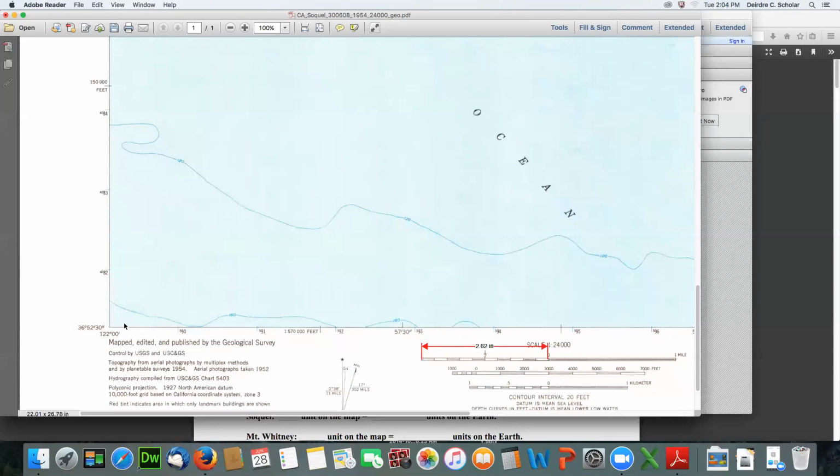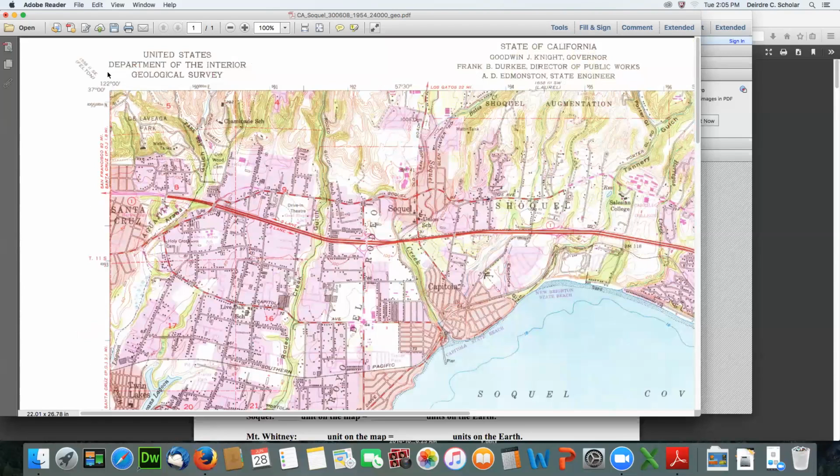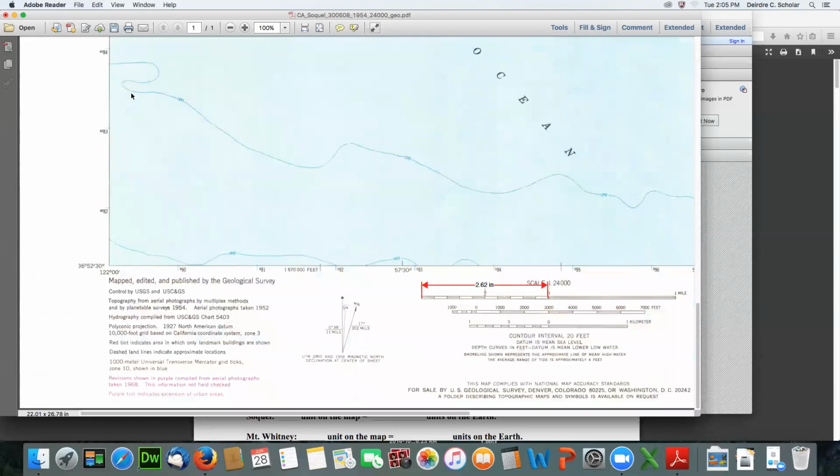of each corner, meaning the latitude and longitude of each corner of the map. So if we didn't have a north arrow, but we looked at the latitude of the top of the map and the latitude of the bottom of the map, notice here at the southwest corner of the SoCal quadrangle, we have a latitude value of 36 degrees, 52 minutes, and 30 seconds.